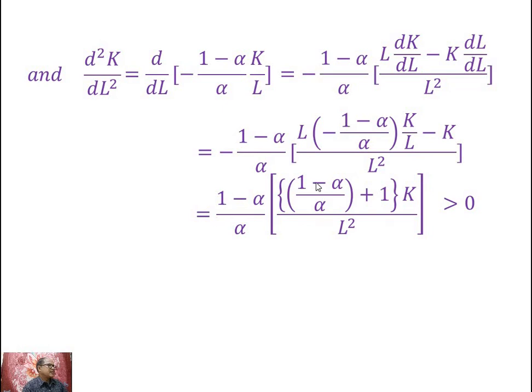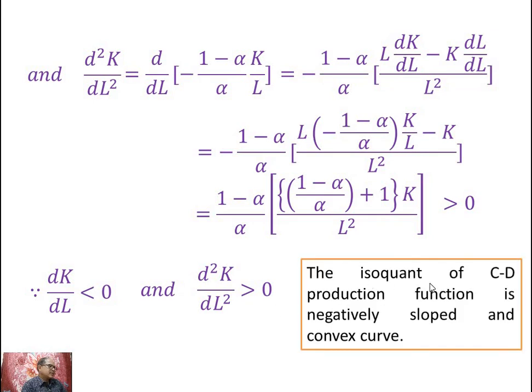All these terms are positive, so that is why it is greater than 0. Here d²K/dL² is found to be greater than 0. Since dK/dL is less than 0 and d²K/dL² is positive, the isoquant of the Cobb-Douglas production function is a negatively sloped and convex curve.